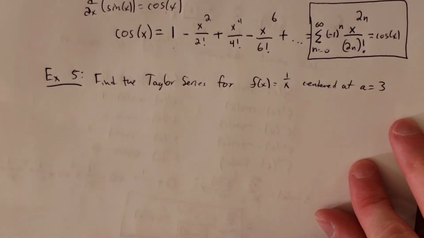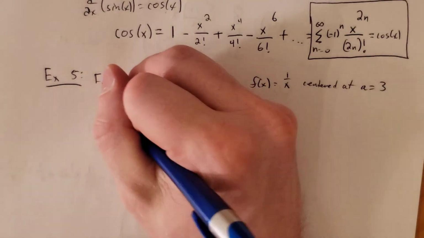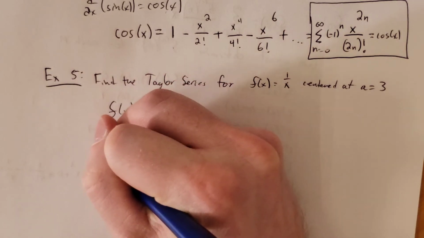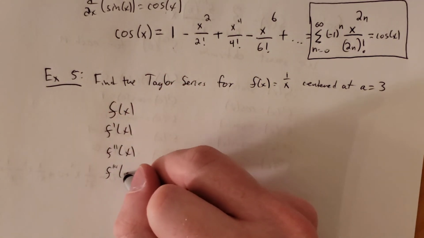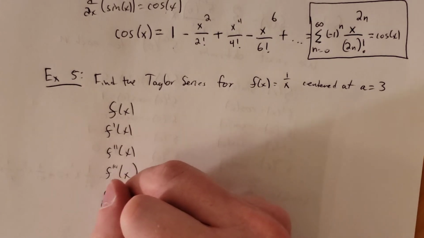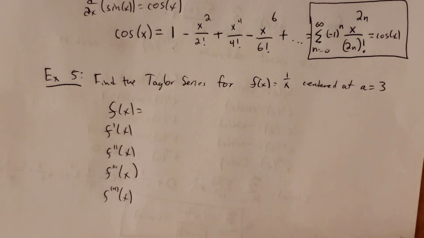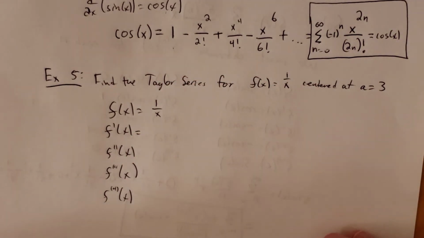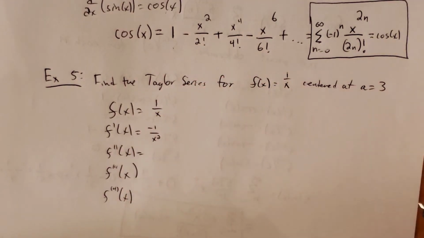For this, what do we need to do? Well, we need to do the same thing as before. We need to find our derivatives, and we'll do that for a few terms here. Our original function is 1 over x. Then our first derivative of that is negative 1 over x squared.